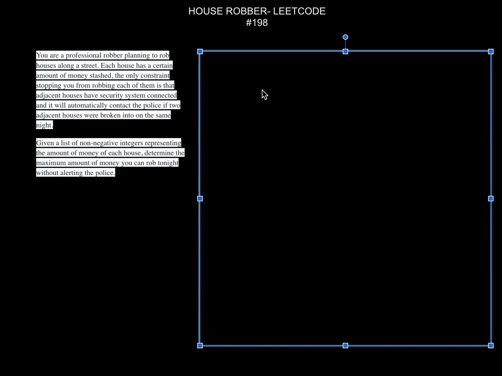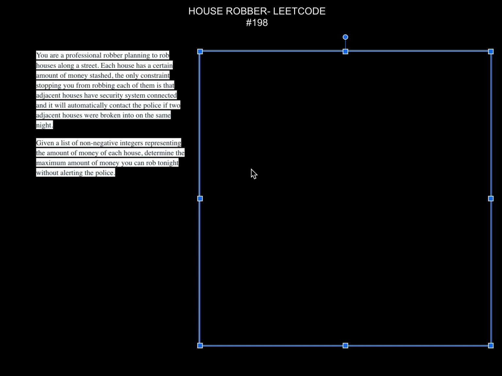This is Leetcode 198, and the question is, you are a professional robber planning to rob houses along the street. Each house has a certain amount of money stashed, and the only constraint stopping you from robbing each of them is that adjacent houses have security systems connected and would automatically contact the police if adjacent houses were broken into on the same night.